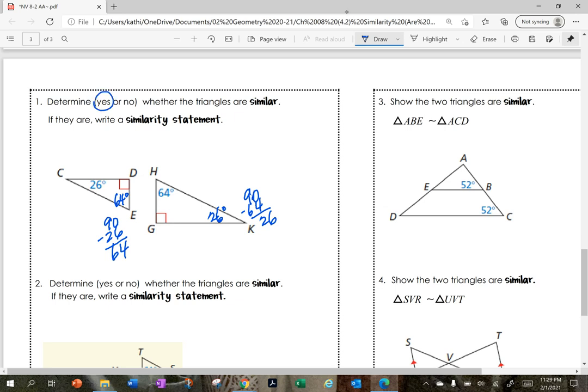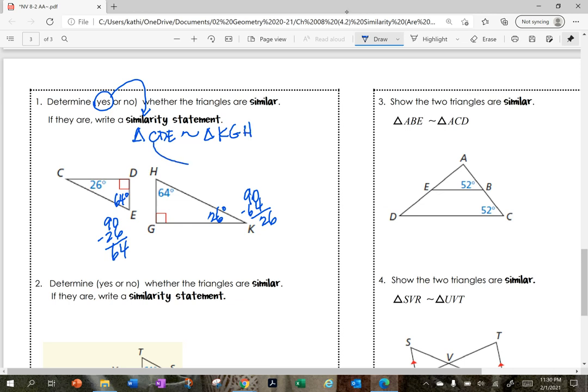So since I said my triangles are similar, I'm going to write a similarity statement. So triangle CDE is similar to triangle KGH.